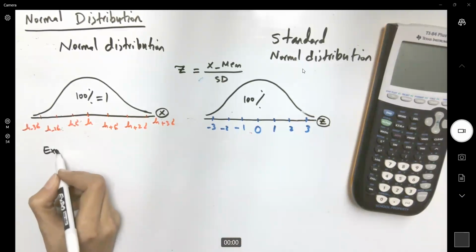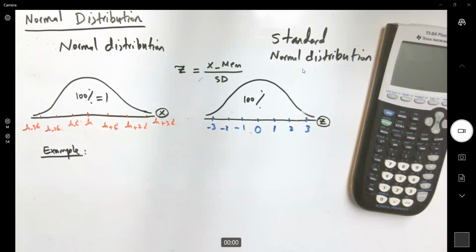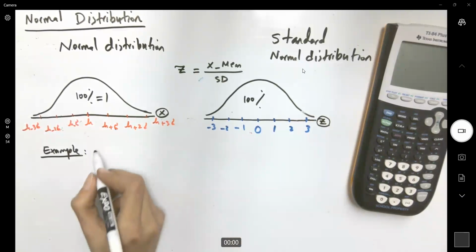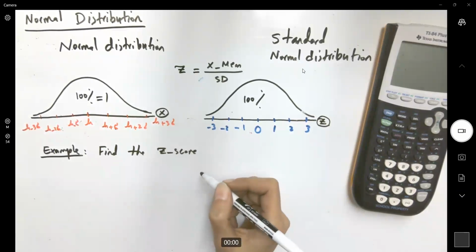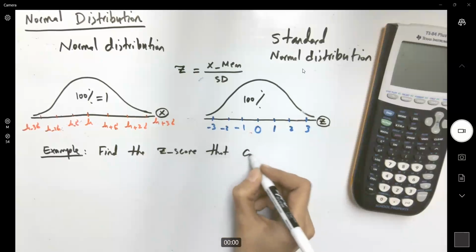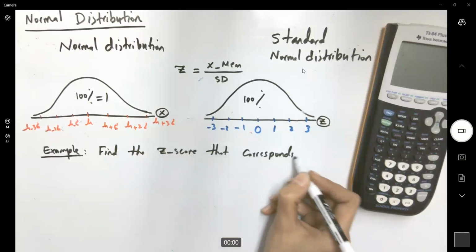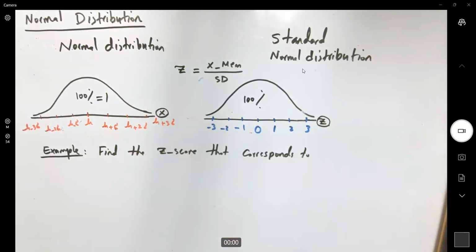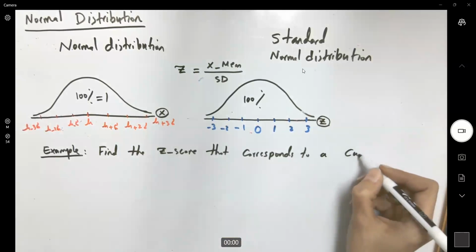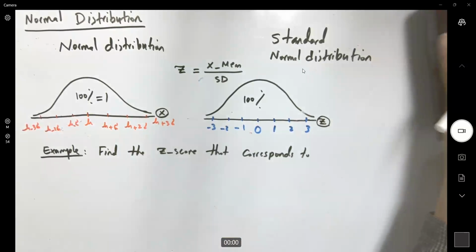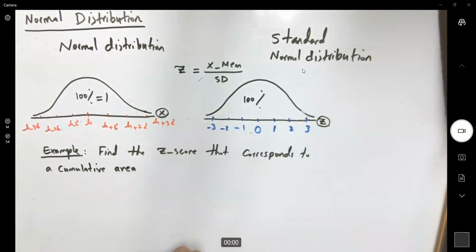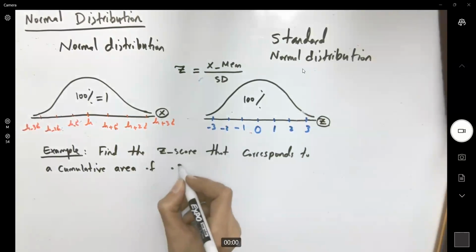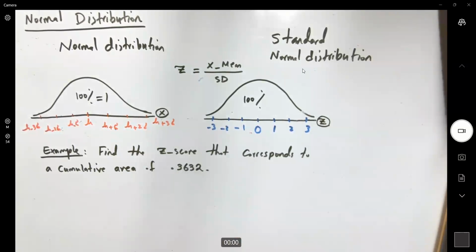Example says, find the z-score that corresponds to a cumulative area of 0.3632.